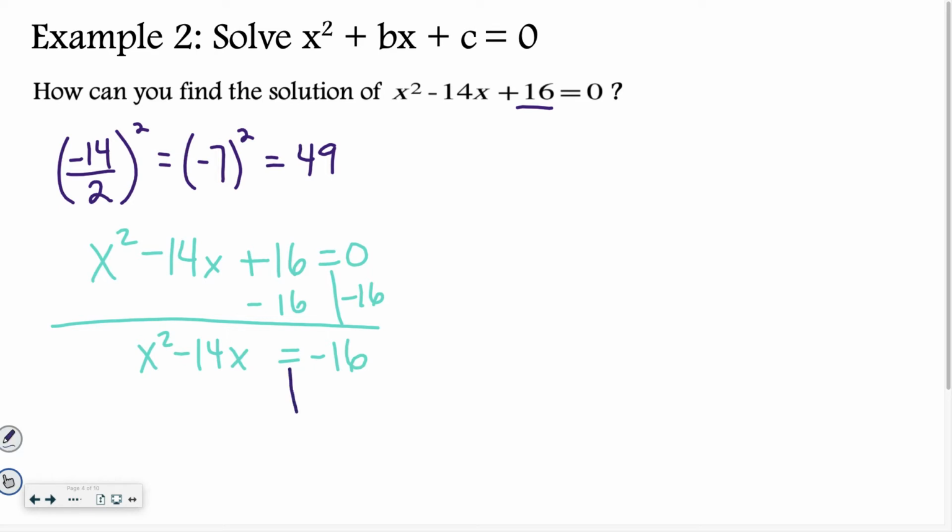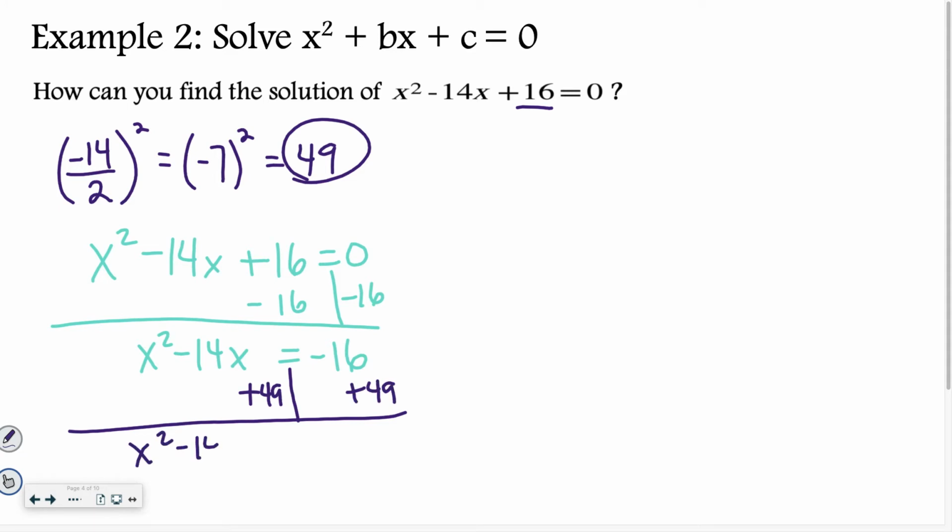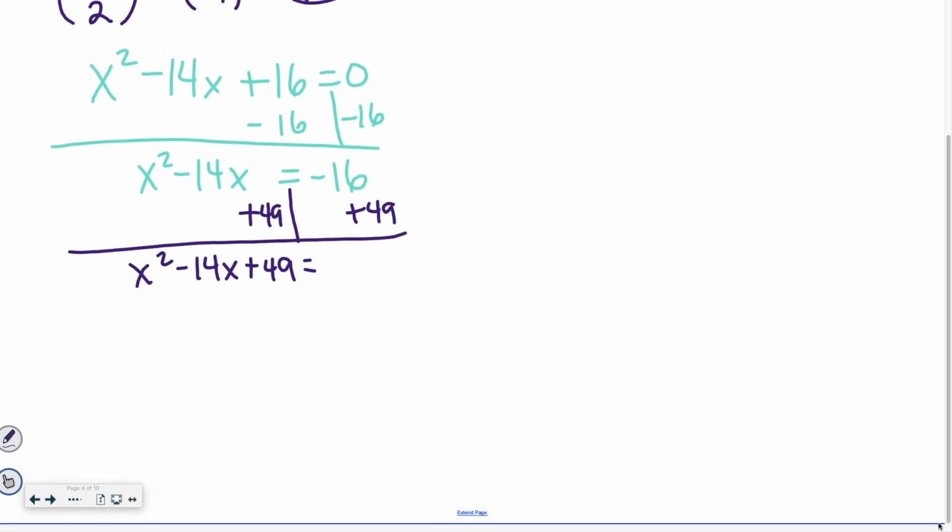Now I take that value that I found earlier by doing b divided by 2 squared, and I add that number to both sides. So I say plus 49, plus 49. Now I have x squared minus 14x plus 49 equals negative 16 plus 49, which is 33.